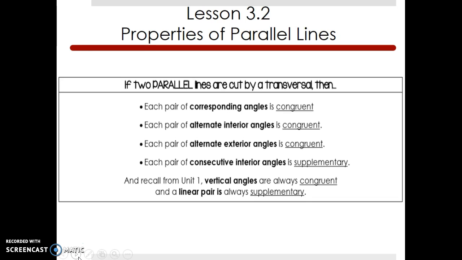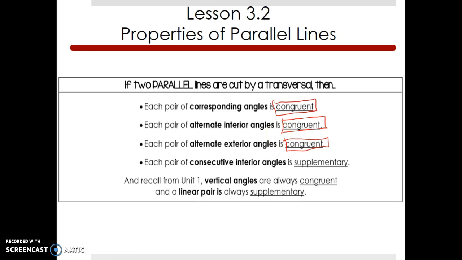So these are the properties of parallel lines. If two lines are cut by a transversal, then corresponding angles are congruent. Alternate interior angles are also congruent. Alternate exterior angles are also congruent.